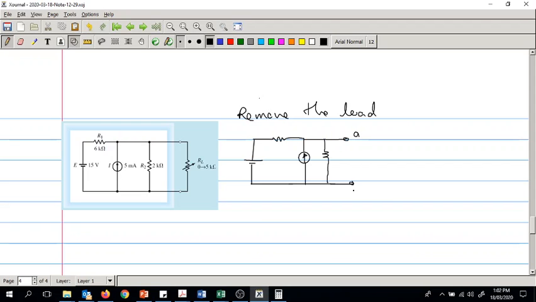And let's label this as A and B. This is R2, 2 kilo ohms, R1, 6 kilo ohms, E, 15 volts, I, 5 milliamperes.